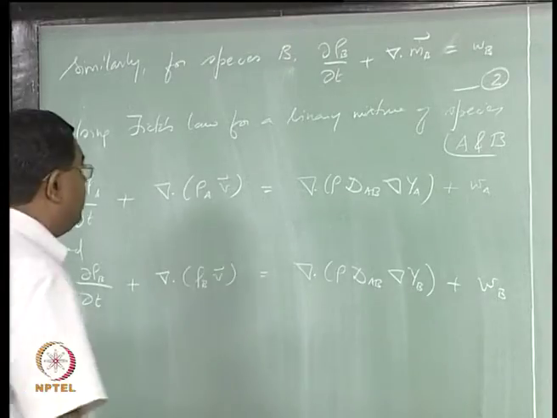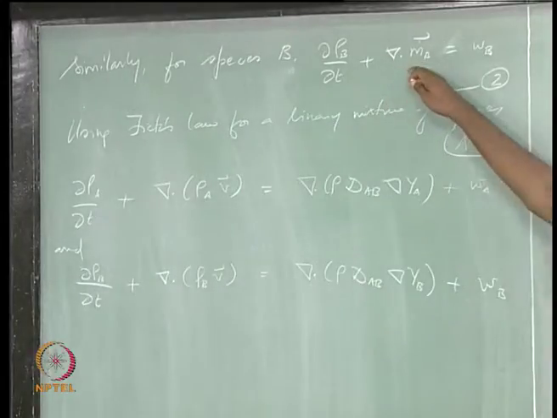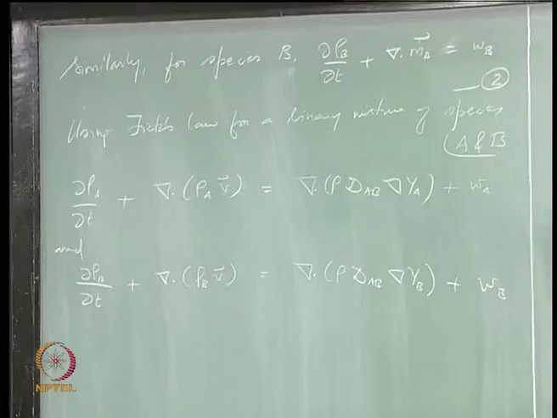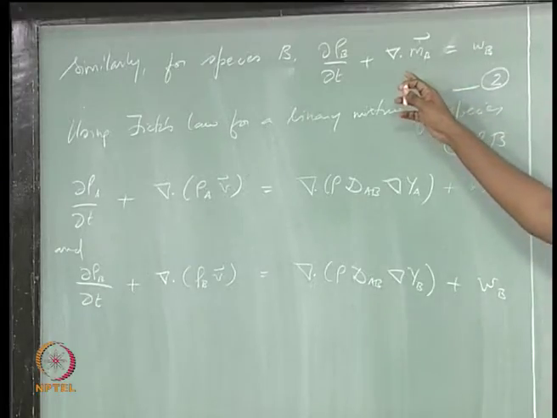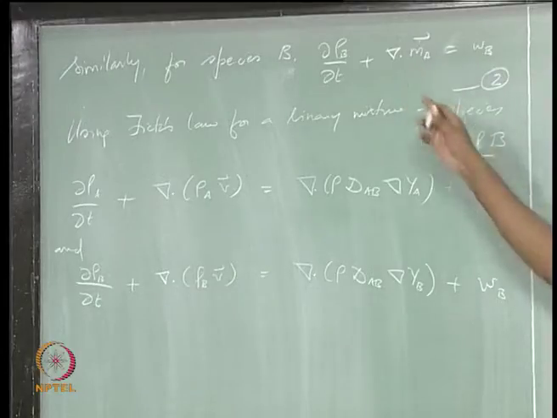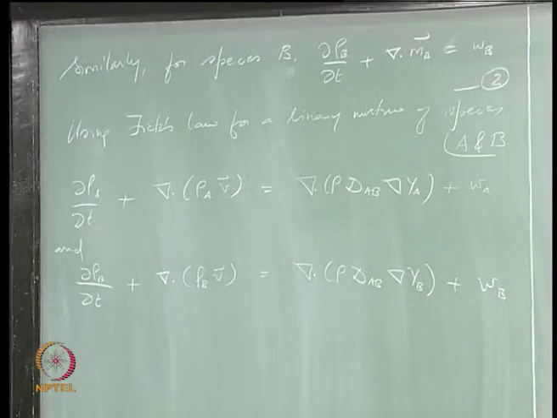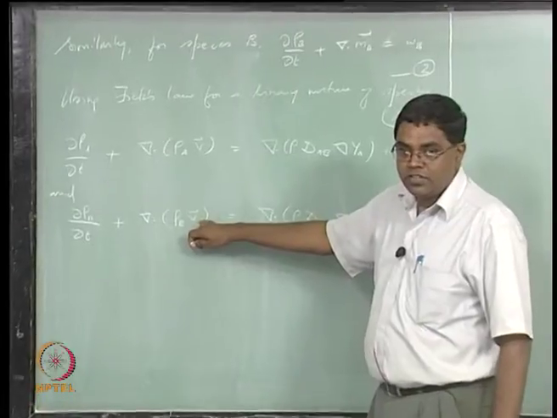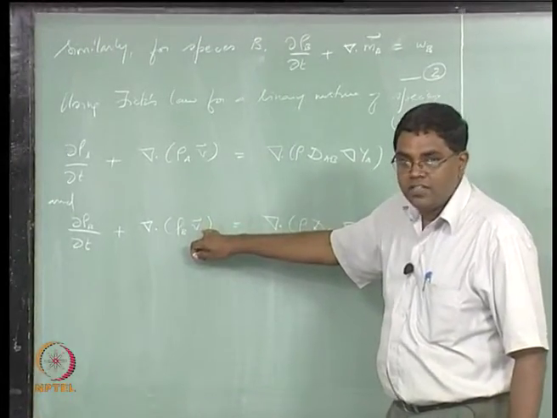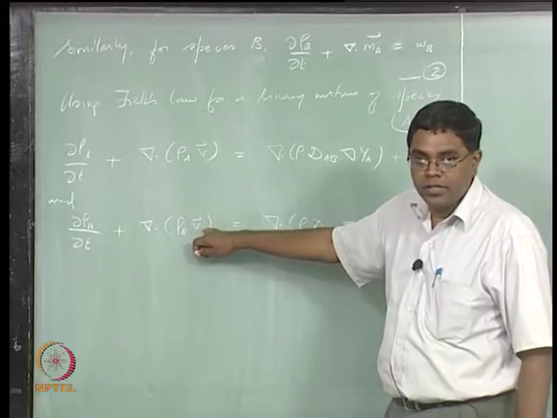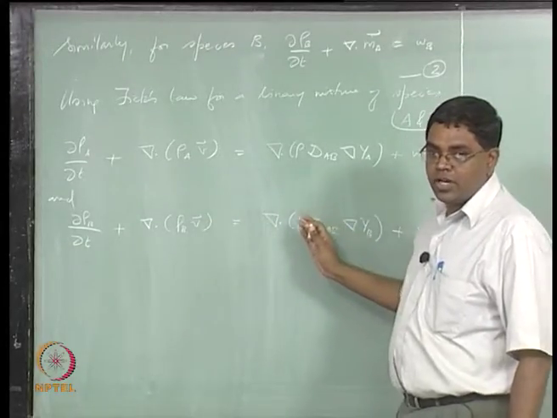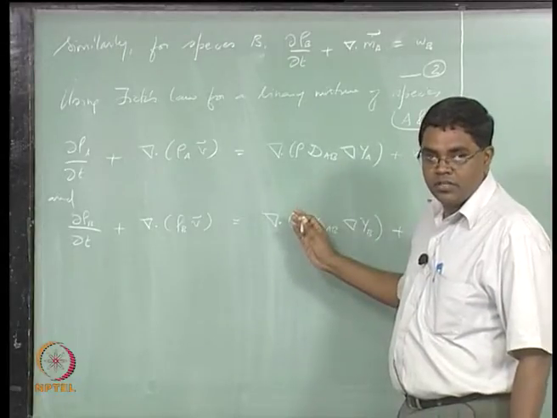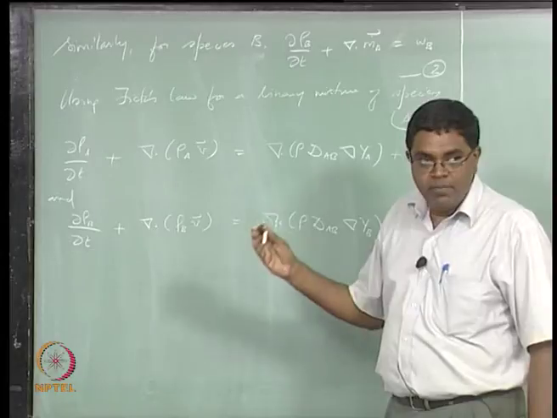We had an m dot B. Let's pick m dot B in this panel, and m dot B is rho B VB vector. VB vector can be written as V vector plus capital VB vector. So you split that and get your rho B V vector, which is the mass averaged velocity of the mixture of A and B. Then you have the other part, rho B capital VB vector, and that is actually JB vector.